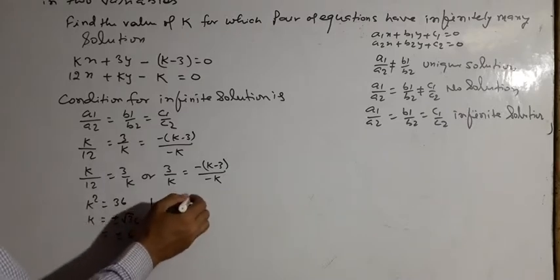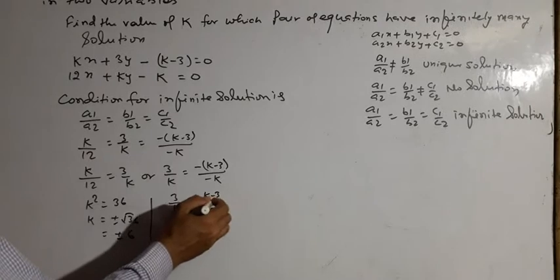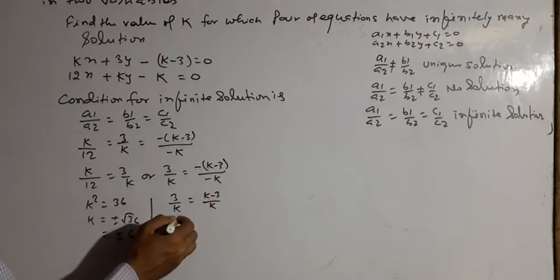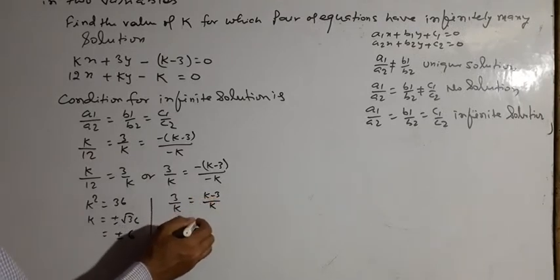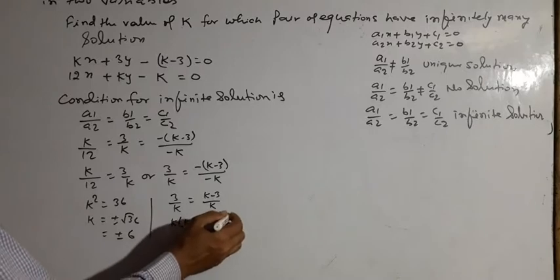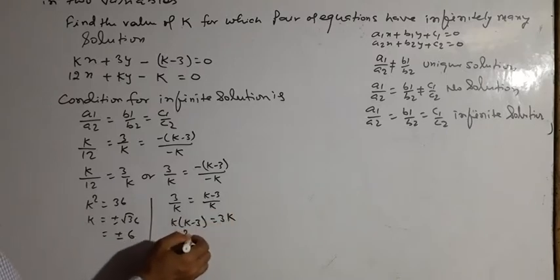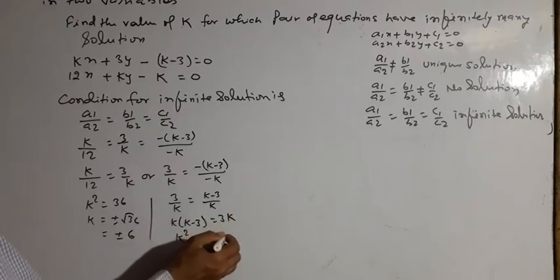3 by k equal to (k minus 3) by k. By cross multiplication, k into (k minus 3) equal to 3k. K square minus 3k equal to 3k.